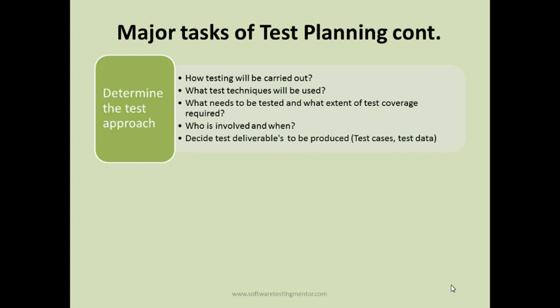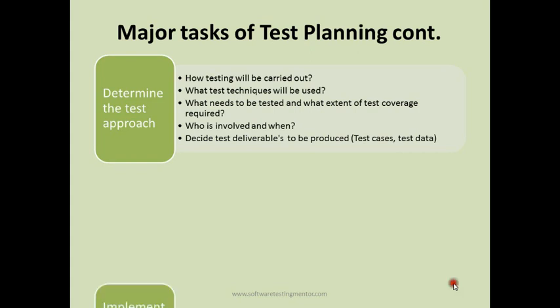So the second task of test planning is to determine the test approach, and then decide test deliverables. So what test deliverables need to be produced, like test cases, test data, summary reports. So all these things need to be determined in the test approach.